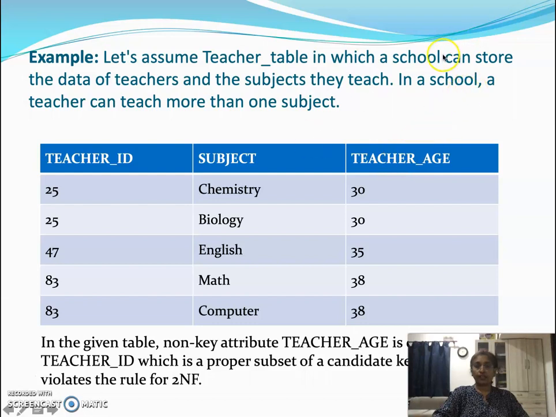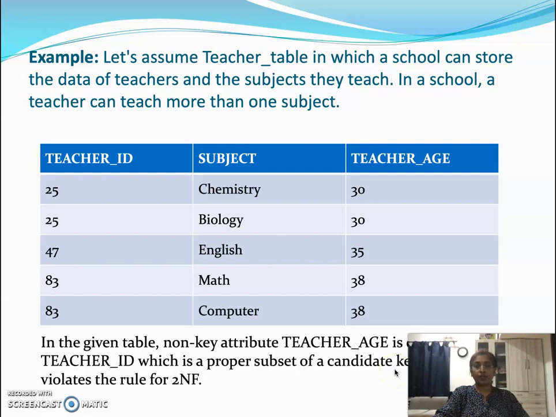We see that teacher age is a non-key attribute, and this teacher age is dependent on teacher ID, which is a proper subset of a candidate key. And subject is also dependent on teacher ID. So this violates the rule of 2NF.